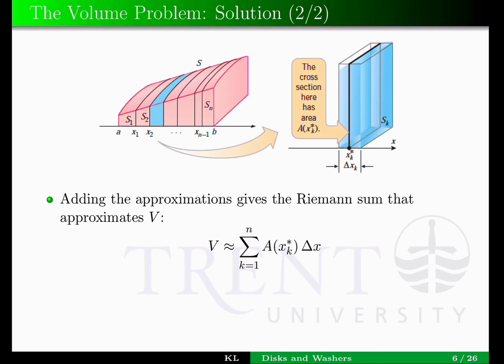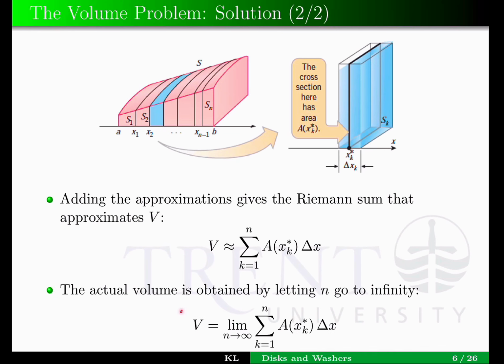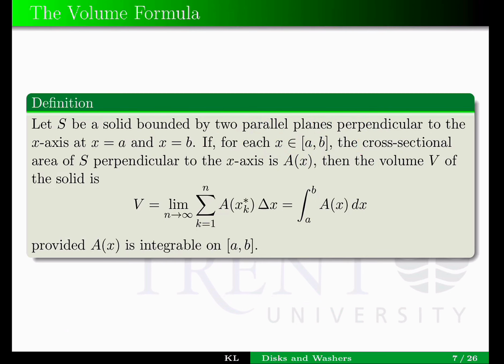So if we add the volumes, then the volume of the solid will be approximately equal to the Riemann sum. And if we let n approach infinity, the volume is equal to the limit as n approaches infinity of the Riemann sum, and if this limit exists, this is just your definite integral.